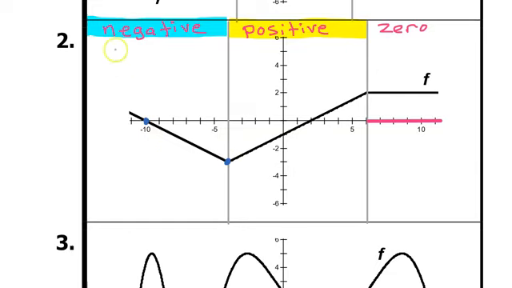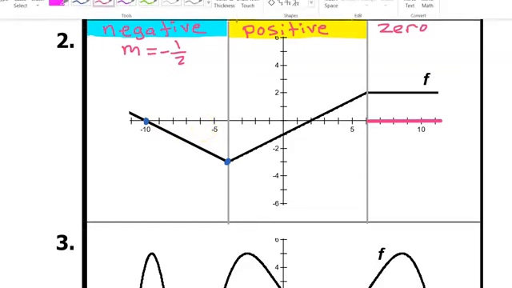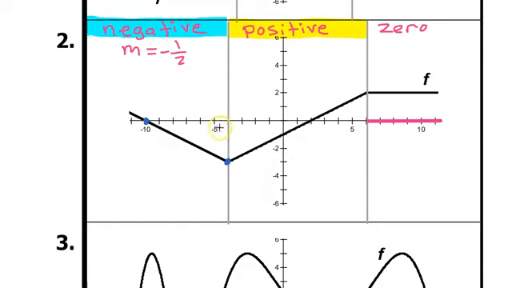That is a slope of negative 1/2. So because the slope is a constant negative 1/2 in this interval, then we should draw f prime as a horizontal line at negative 1/2. So this is what f prime will look like in this interval.